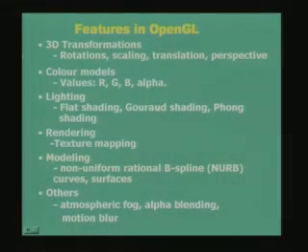So, these are the features which we had seen in OpenGL, and based on these features we can start to discuss the OpenGL graphics pipeline. Let us go through these features again: 3D transformations, color models, lighting, rendering, modeling, and other miscellaneous effects such as atmospheric fog, alpha blending, and motion blur.